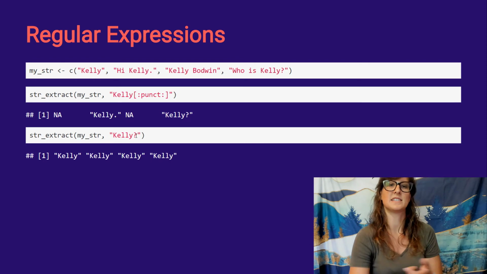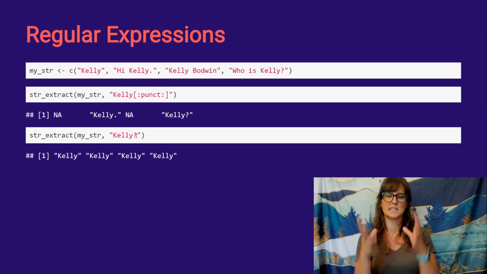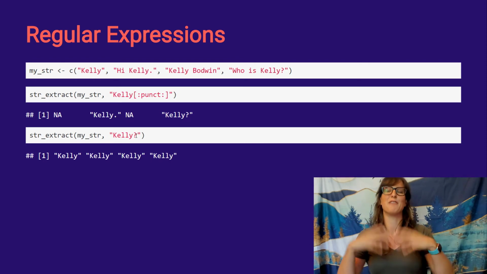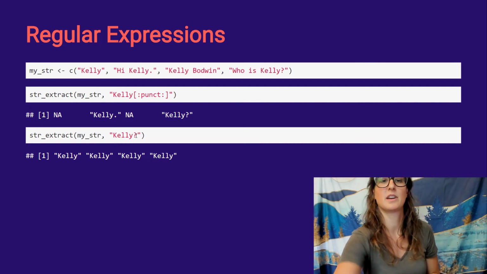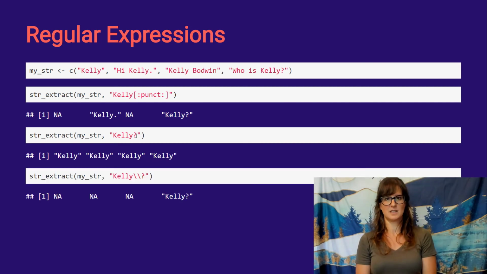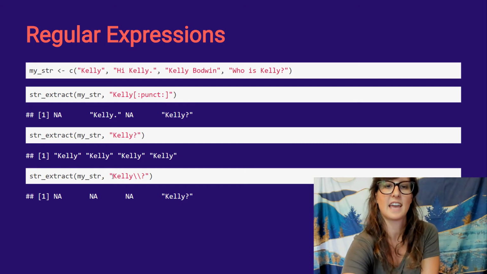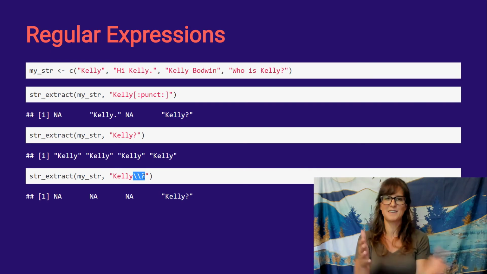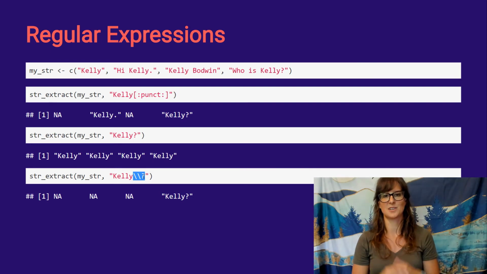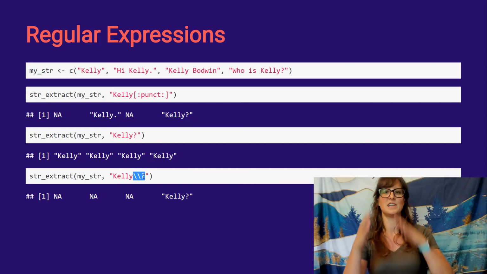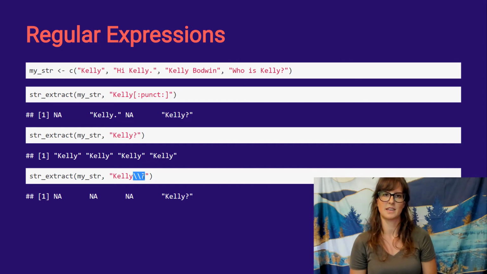So if what we wanted instead of using that question mark as the special message of 0 or 1 of these, if we want the literal question mark, we have to escape it. We have to tell R, I want K-E-L-L-Y, and then literally give me a question mark. I'm not giving you special regular expressions here, buddy. Just give me that character, which is a question mark. And here we can see that gave me back what I wanted, just the Kelly with the question mark at the end.